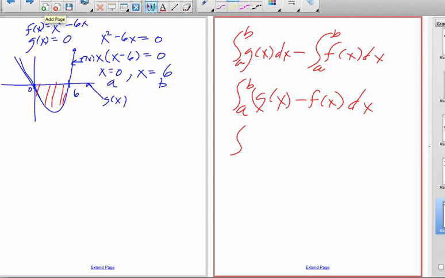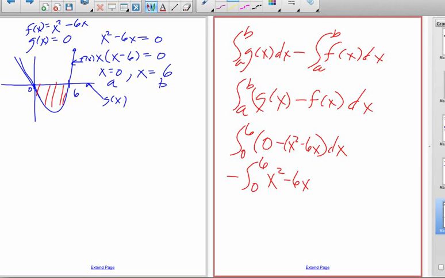Alright, so we've got the integral from 0 to 6 of 0 minus x squared minus 6x dx. Or 0 minus anything, so I'm going to have a negative, the integral from 0 to 6 of x squared minus 6x dx.